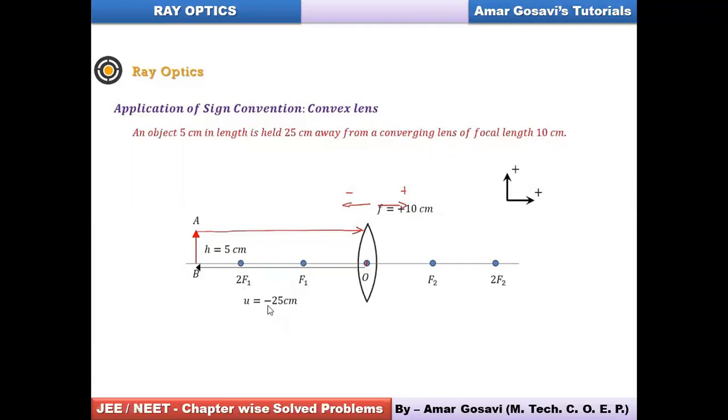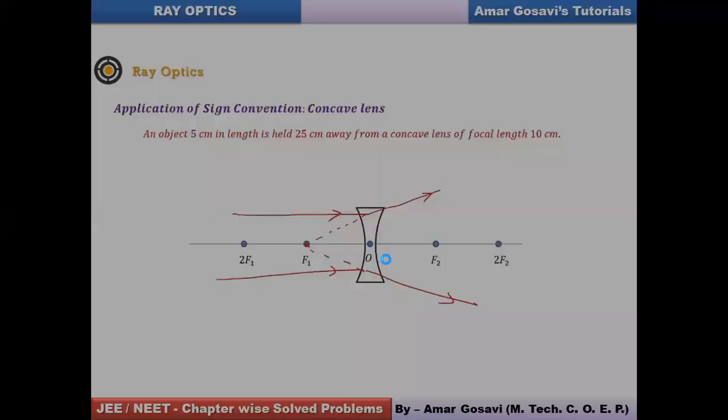That means object distance, you are measuring it from the optical center, so it should be considered minus 25. Focal length, they say 10 centimeter because it's a convex lens. Obviously, the rays converge here, so you are considering it as plus 10. Had it been concave, it would have been minus 10. So accordingly, you work it out and then place it in the solutions basically. Please make a note of this.